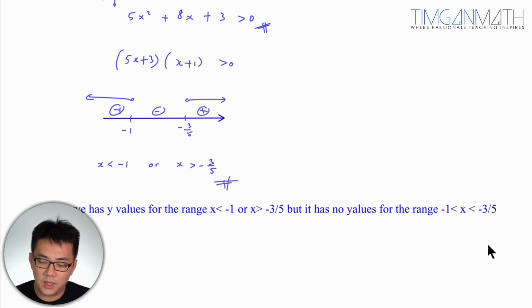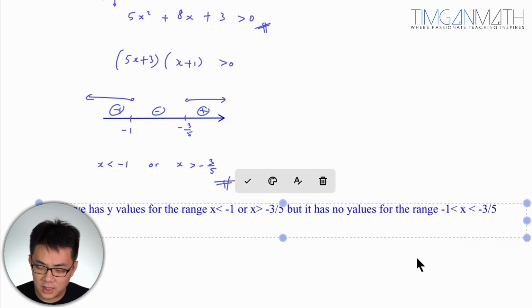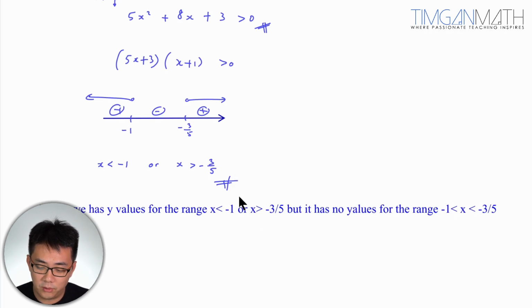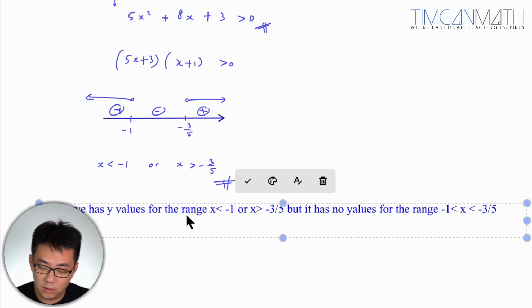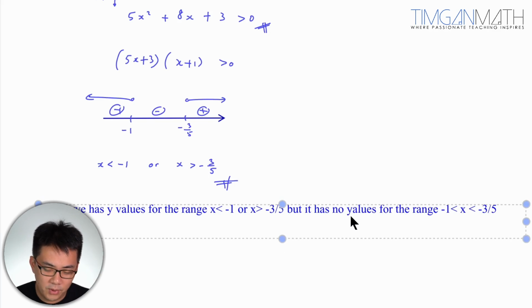So you could assume that once you plot this curve out, you can actually see that there are no real values between -1 and -3 over 5, but otherwise you have two real values. Or maybe we write this, okay?